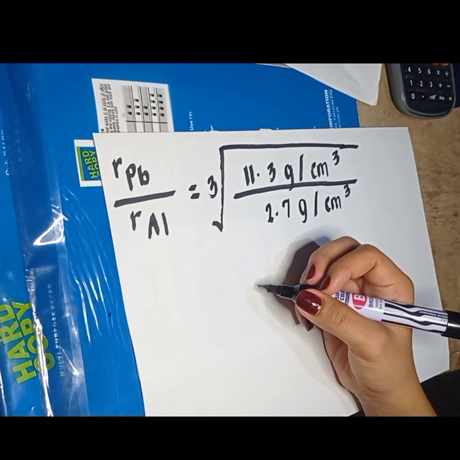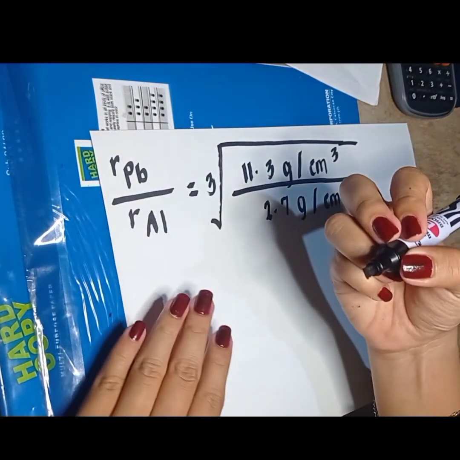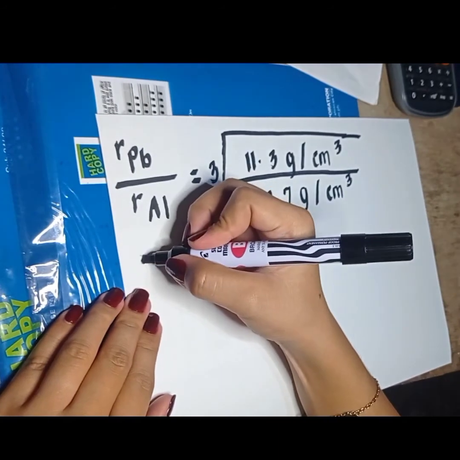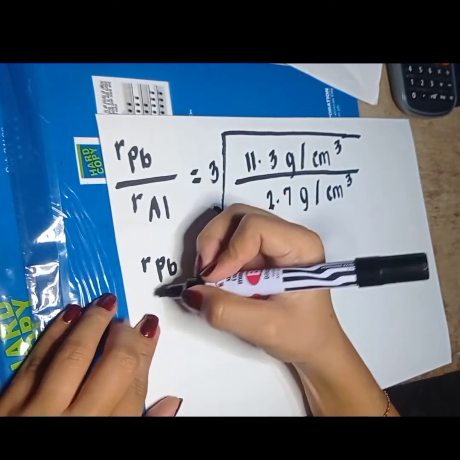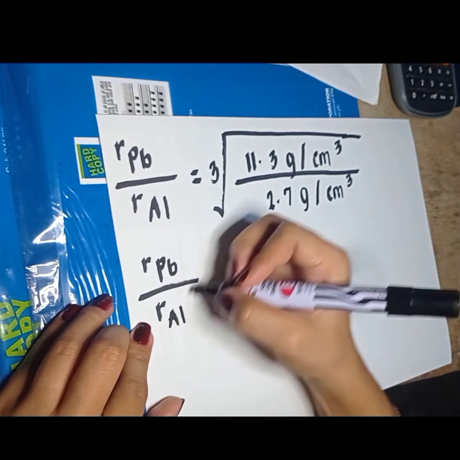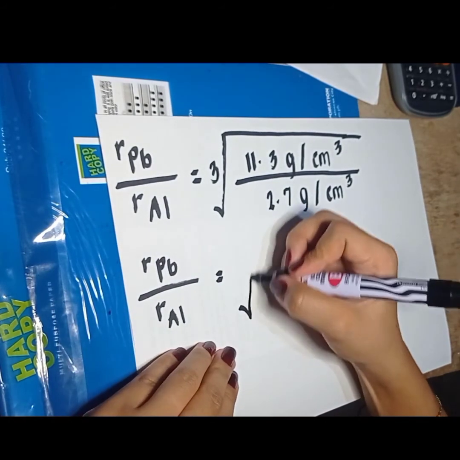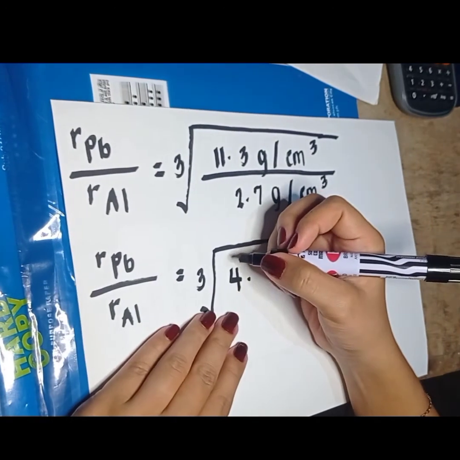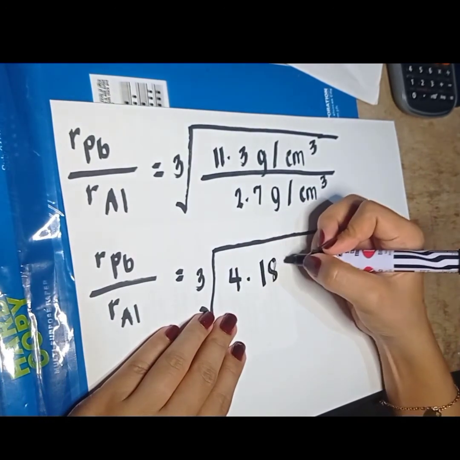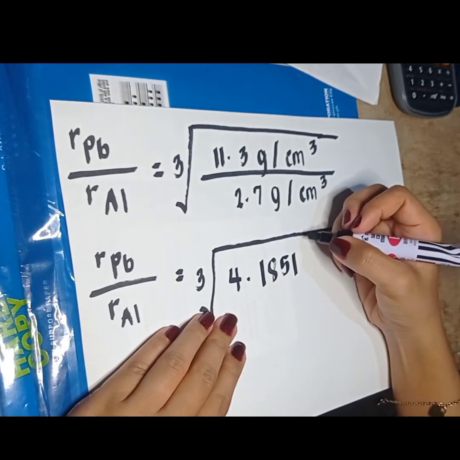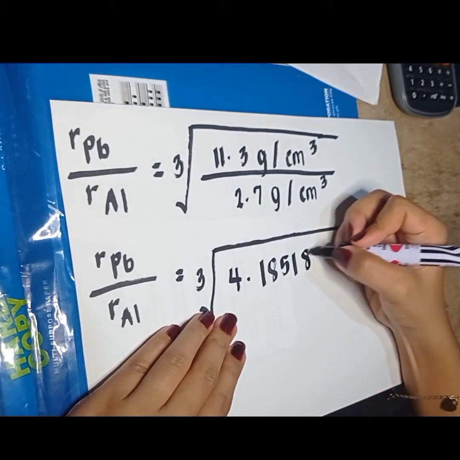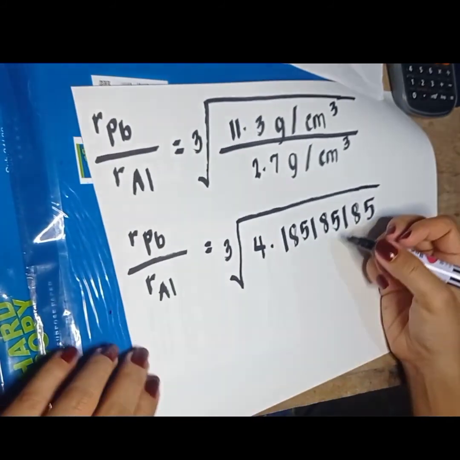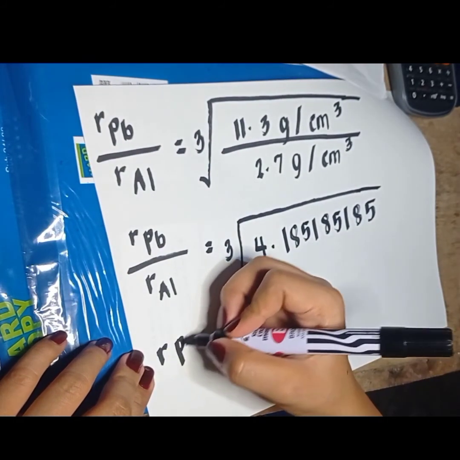So first, let's get the quotient of the two values. The radius of the lead over the radius of the aluminum is equal to the cube root of 4.185185185. So this is the quotient of the two values.